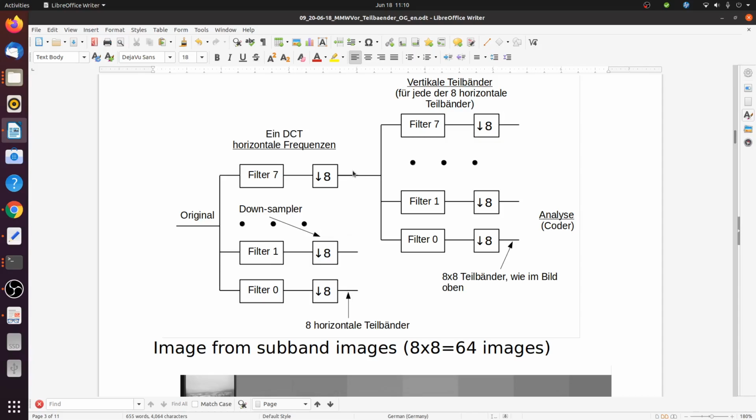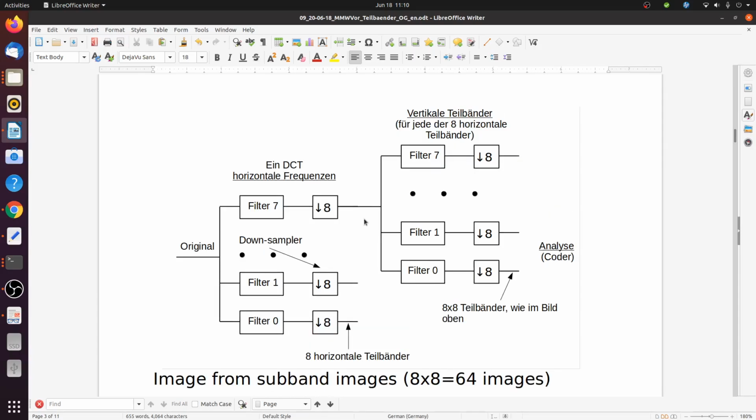So here we have the horizontal subbands, horizontal Teilbänder, this is still German. And then we take the result and apply the vertical filters, filter 0 to 7, and do the downsampling vertically.